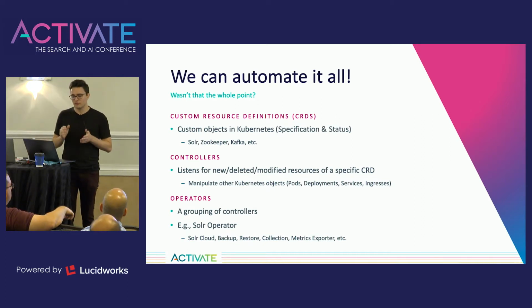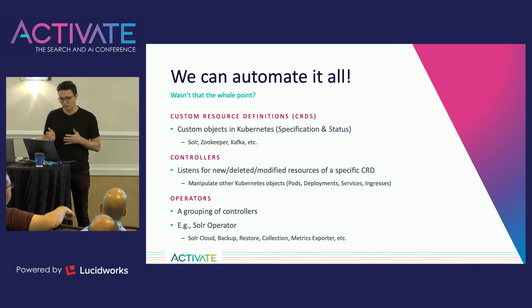And so custom resource definitions, or CRDs as they're commonly called, are basically ways of making your own resources within Kubernetes, because Kubernetes has no idea what a Solr is, what a Zookeeper is, what a Kafka is. But we do. And so we can create our own resources and then create controllers, which are basically management for these resources, because even if we create a Solr in Kubernetes, Kubernetes doesn't know how to make a Solr happen.